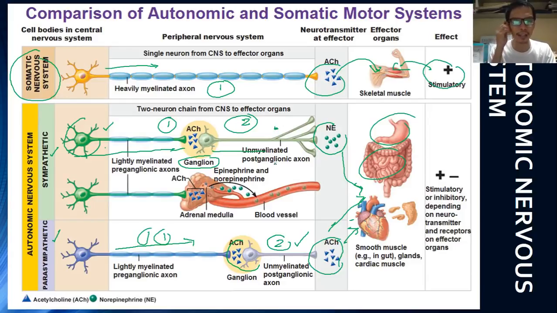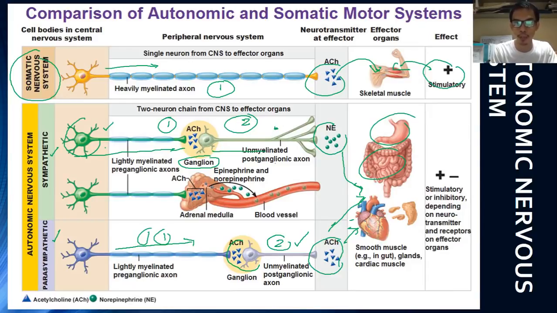Meanwhile, the postganglionic axon, the second neuron, in the sympathetic division is longer than the parasympathetic one, because the sympathetic nerves are near the organs, which means they need longer connections with the organs that they need to control.